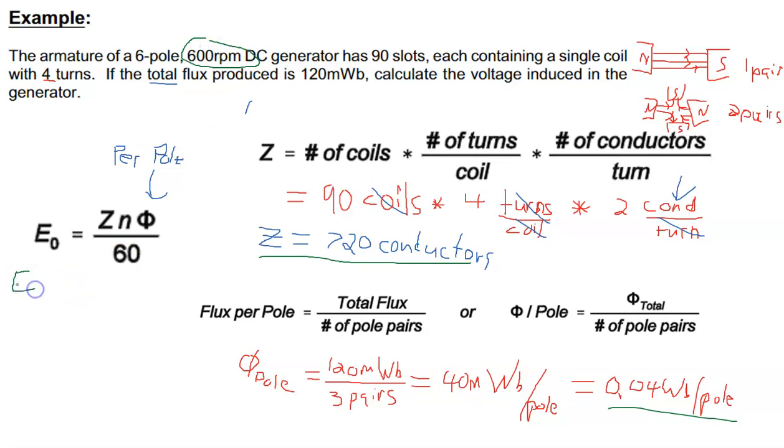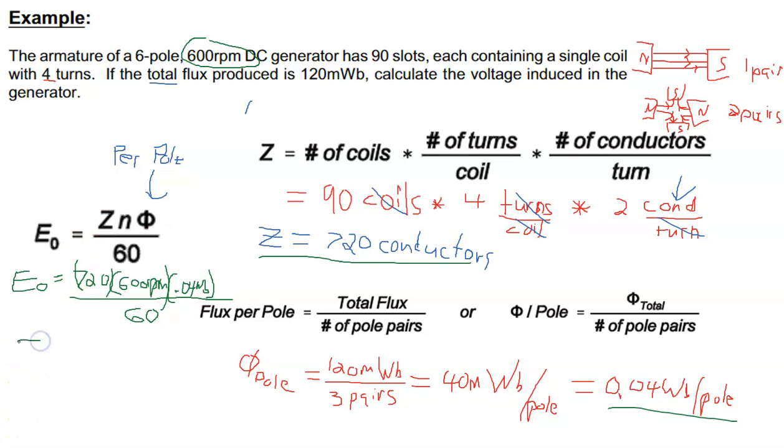So E0 is equal to 720 conductors multiplied by 600 RPM multiplied by 0.04 Webers per pole, and we're going to divide that by 60. 60 is simply a constant that comes from a conversion of radians per second to revolutions per minute, and that's where that shows up from.